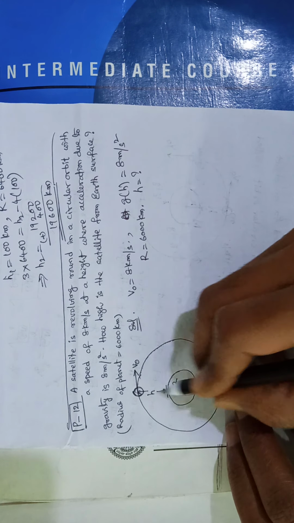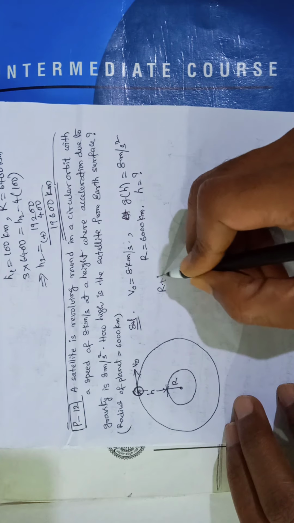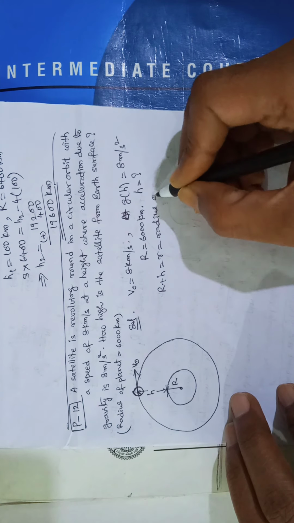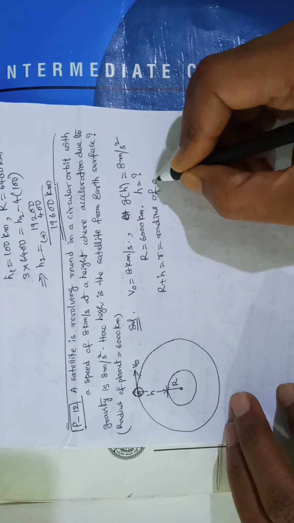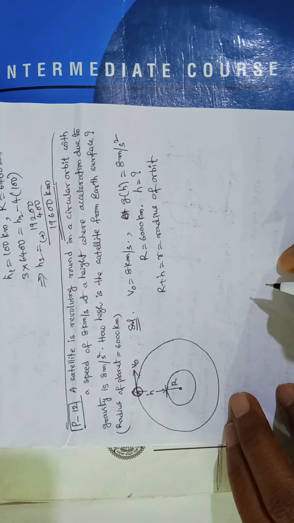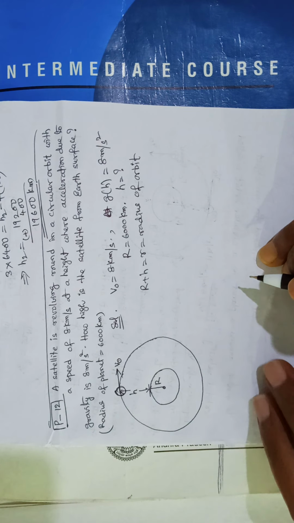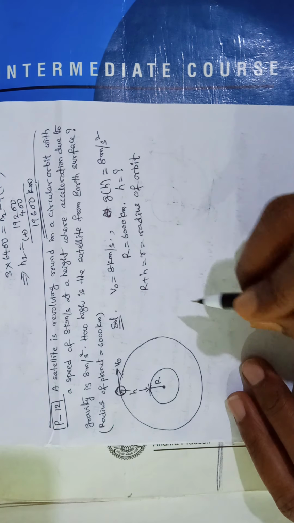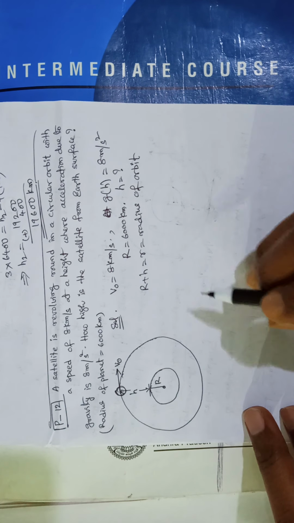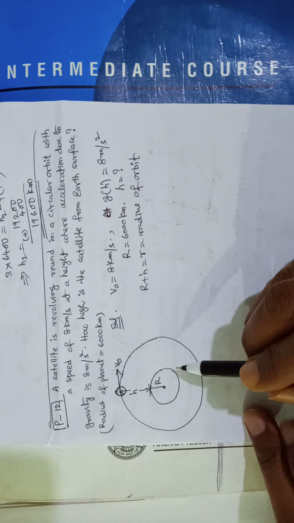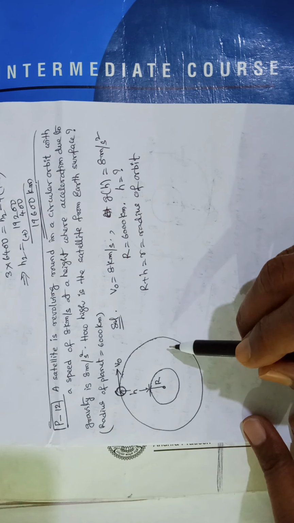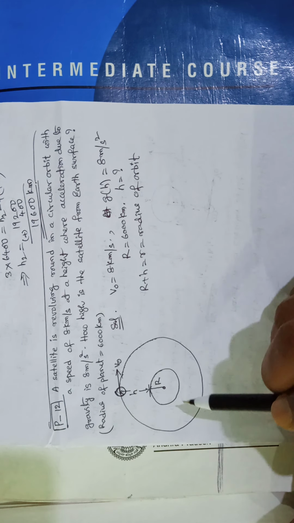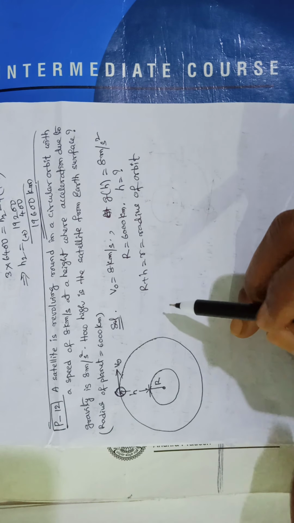We know that R plus H is nothing but the radius of the orbit. Now while deriving the expression for orbital speed, we started with the fact that a satellite can describe a circle around a planet only when centripetal force is equal to gravitational force.